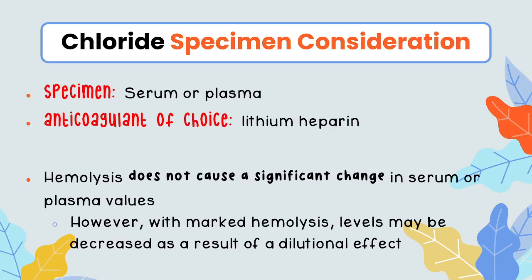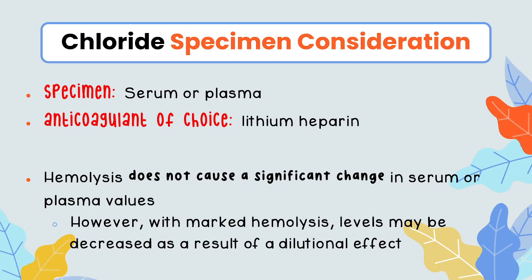So for the specimen consideration, serum or plasma can be used for your chloride. And if you use plasma, then heparin will be your best anticoagulant, specifically your lithium heparin.